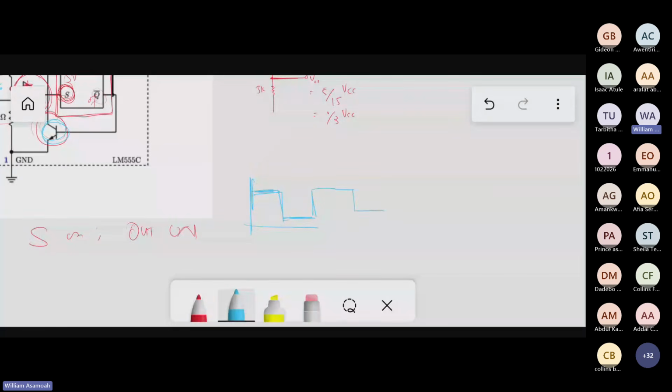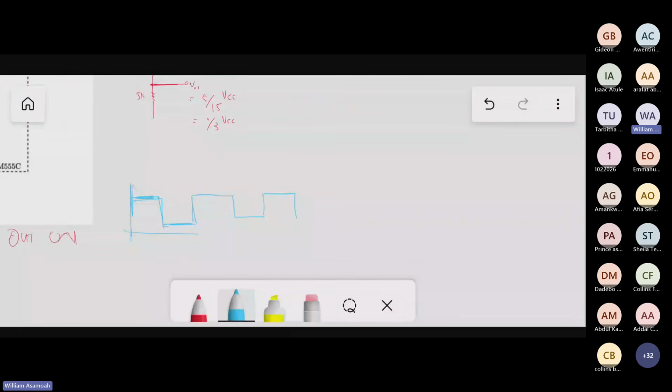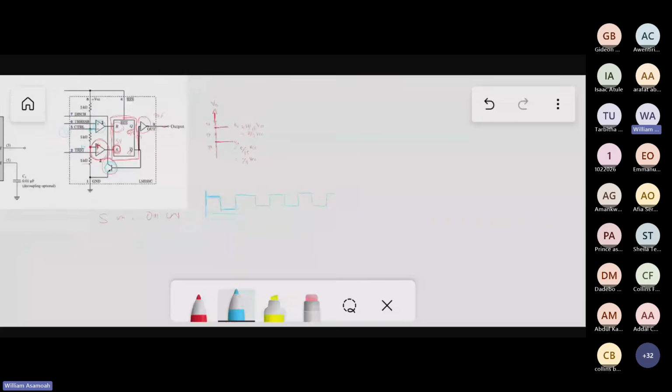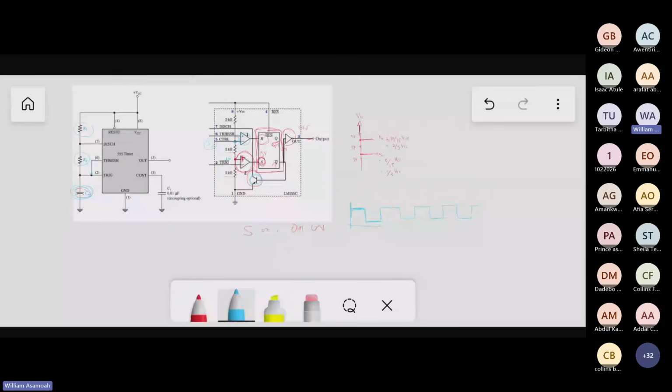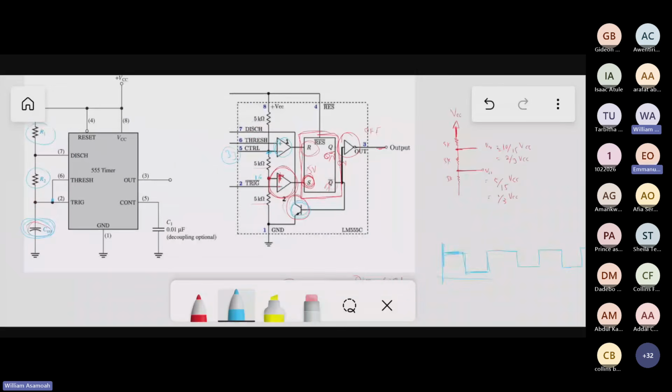And this will just keep on charging and discharging forever, as long as it's connected to power. If you choose the capacitor, R1 and R2 right, because these regulate how long the pulse wave will be and what the duty cycle is when you turn it on or off. Please, do we understand?